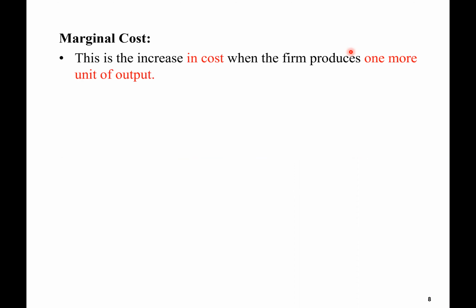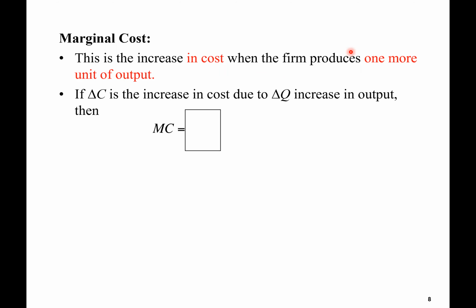So marginal cost is the additional cost that the producer has to take in when it produces one more unit of the output. If you want to write down a formula that can measure marginal cost, you first have to introduce some symbols.